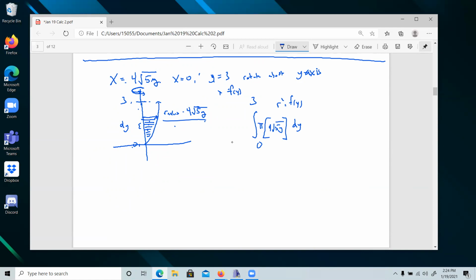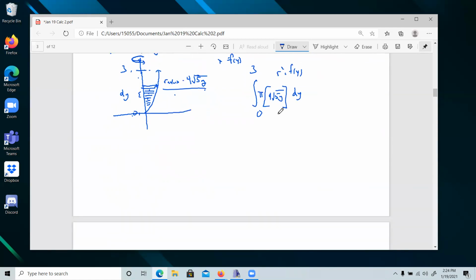Now this is a little tricky. So what we're going to try to do here is say this is the integral from 0 to 3 of pi times 4 squared, because everything in here is squared. So we have a 16, and then the square root of 5y squared is just 5y, dy. All right.